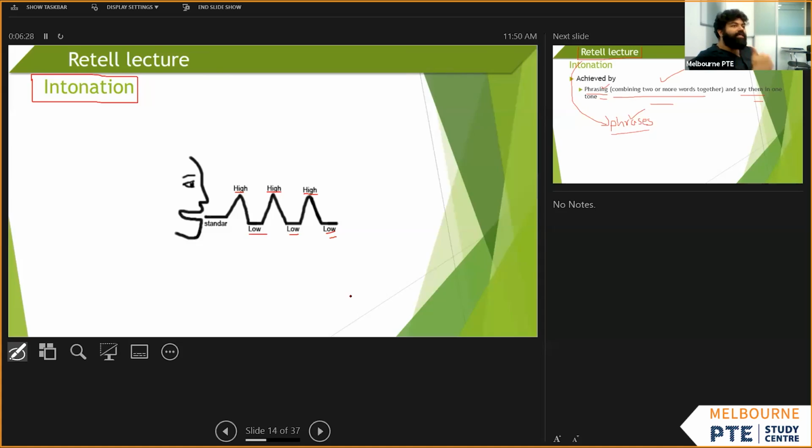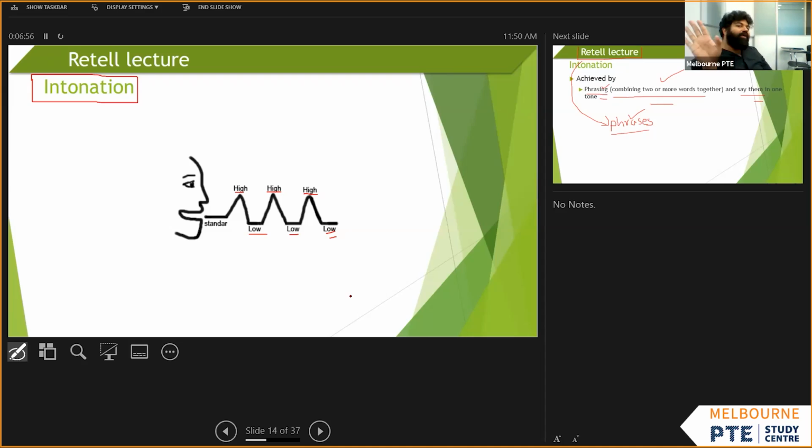Like let's just say if I'm saying one sentence, repeat sentence is a very important topic. The computer recording might be as monotonous as that. But if it's a human speaker, he will say it with certain highs and lows in the loudness of the voice.